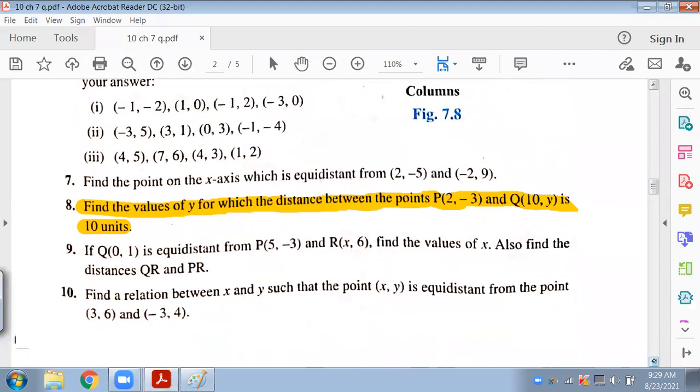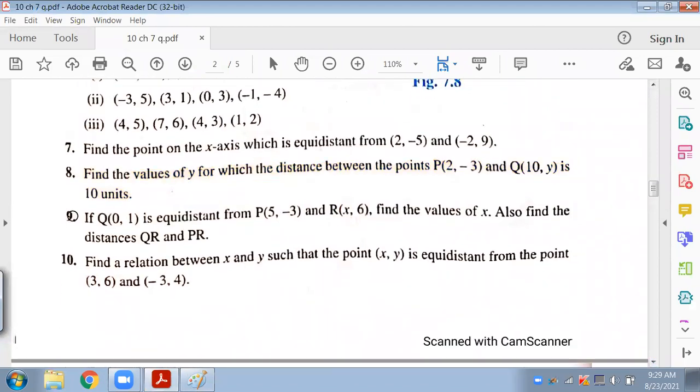Number 9. If Q(0, 1) is equidistant from P(5, -3) and R(x, 6), find the value of x and find the distances QR and PR.